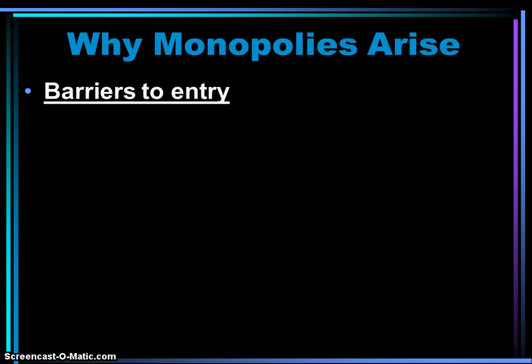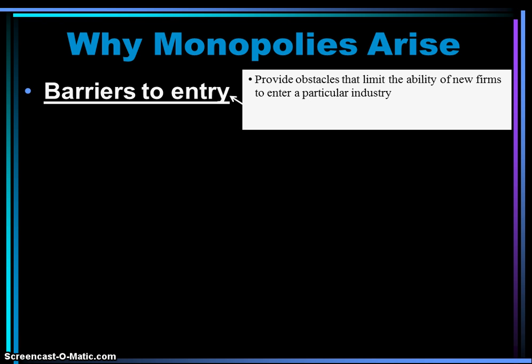Alright, monopolies arise because of what we call barriers to entry. Barriers to entry provide obstacles that limit the ability of new firms to enter a particular industry and allow existing firms to maintain above normal profits in the long run. The only way a business can earn economic profits, or profits above and beyond a normal rate of return, in the long run, is if they can keep other people out.